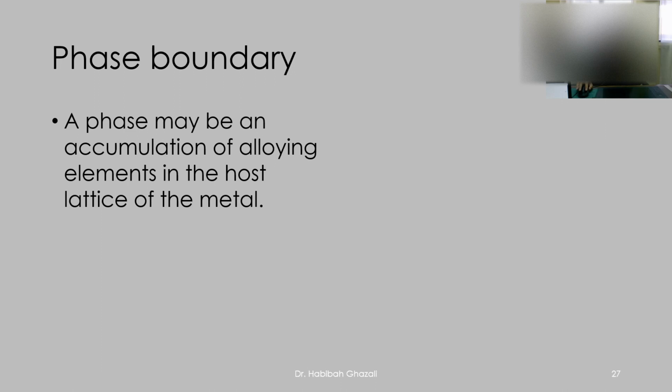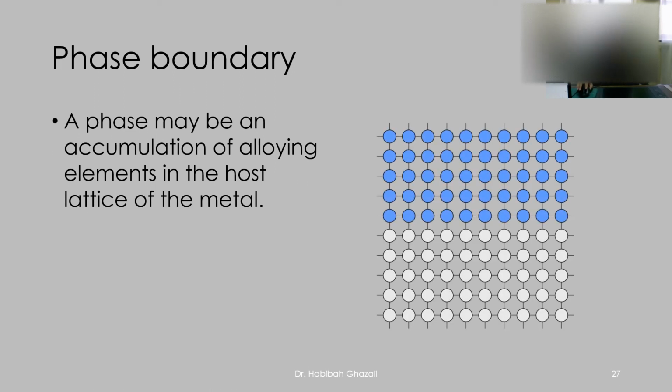In materials such as cast iron, we have a lot of graphite inside these materials, and the region where the graphite and the iron meet is the phase boundary. This is the schematic representation of a phase boundary, in which we have two different atoms creating their own phase inside a bulk material.